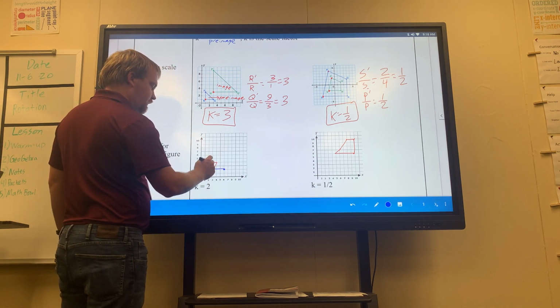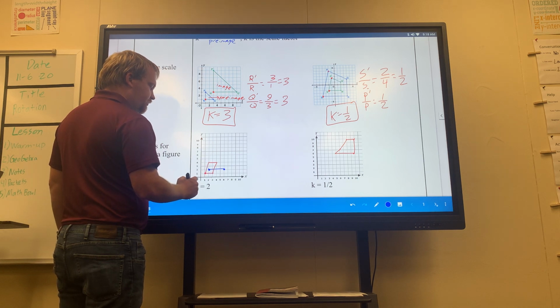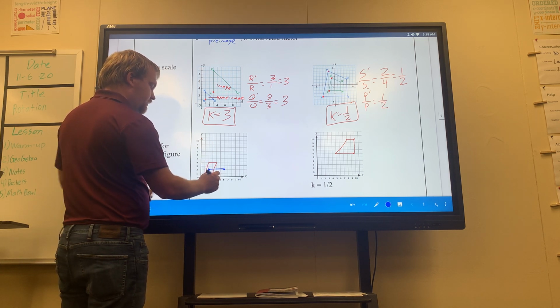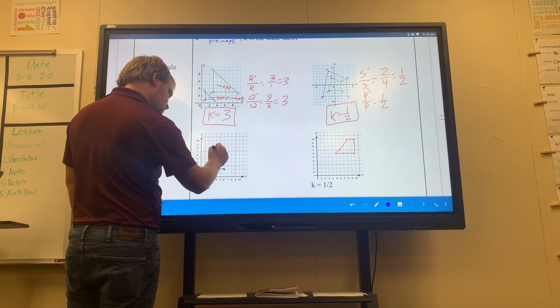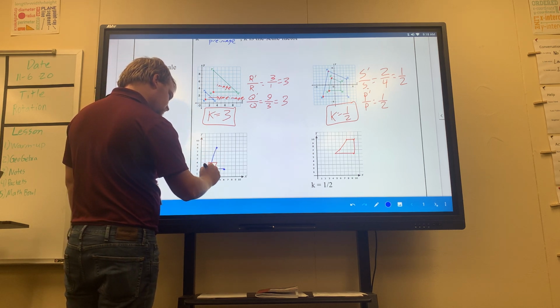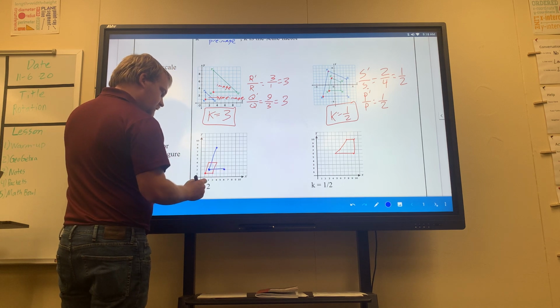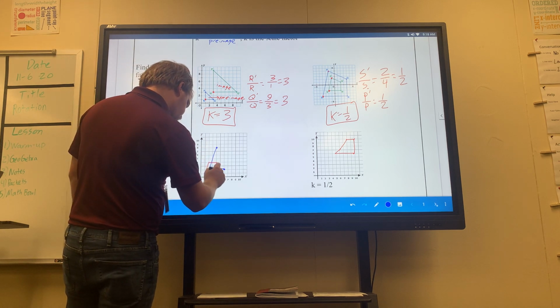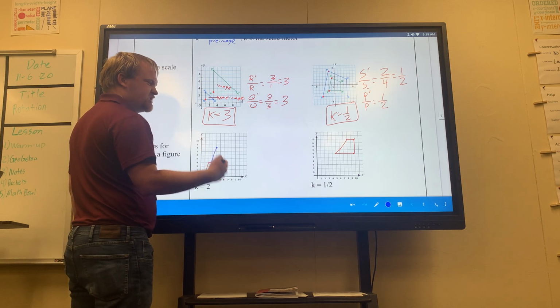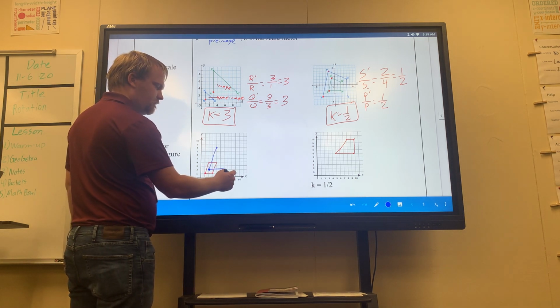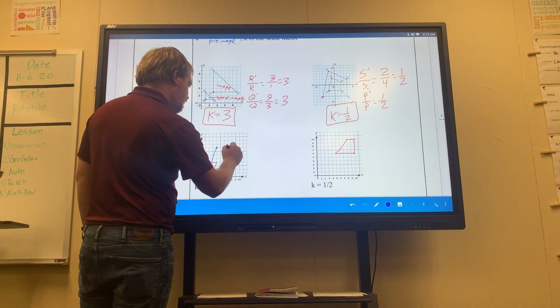Next I have 2, 4, which means I'm multiplying 2 by 2, which is 4, and I'm multiplying 4 by 2, which is 8. And then I have the point 4, 4, which means I'm multiplying both 4s by 2, which gives me 8, 8.